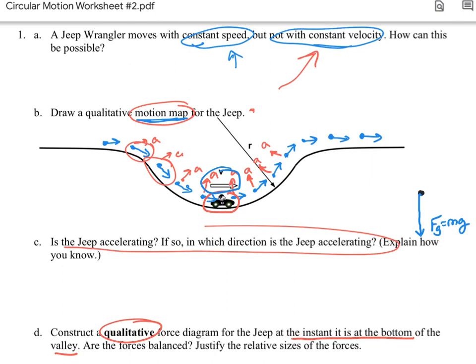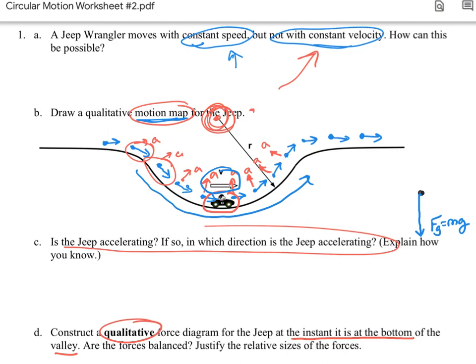But the velocity is changing every single instant because he's in circular motion. He's come down the hill, now he's headed back up the other side of the circle. It just happens that at this instant he's at the bottom. He's undergoing circular motion though, so the unbalanced force has to point towards the center of this circle up here.